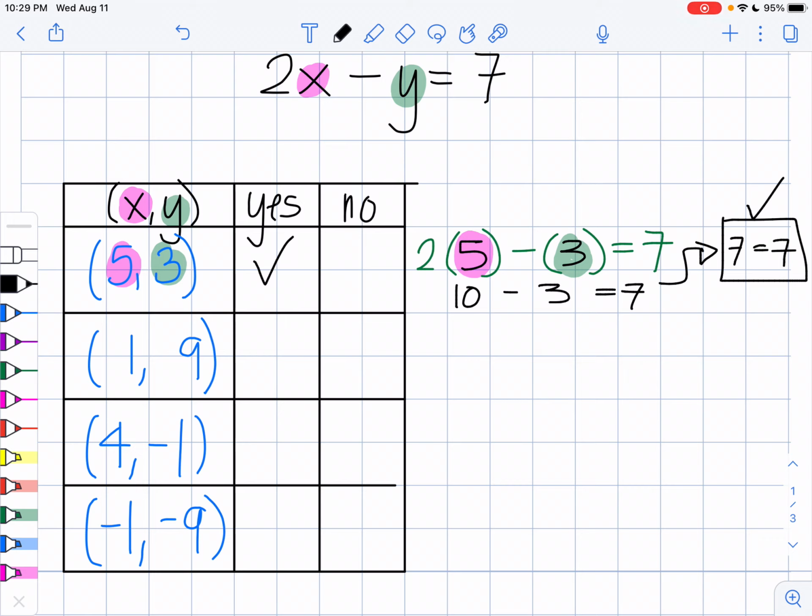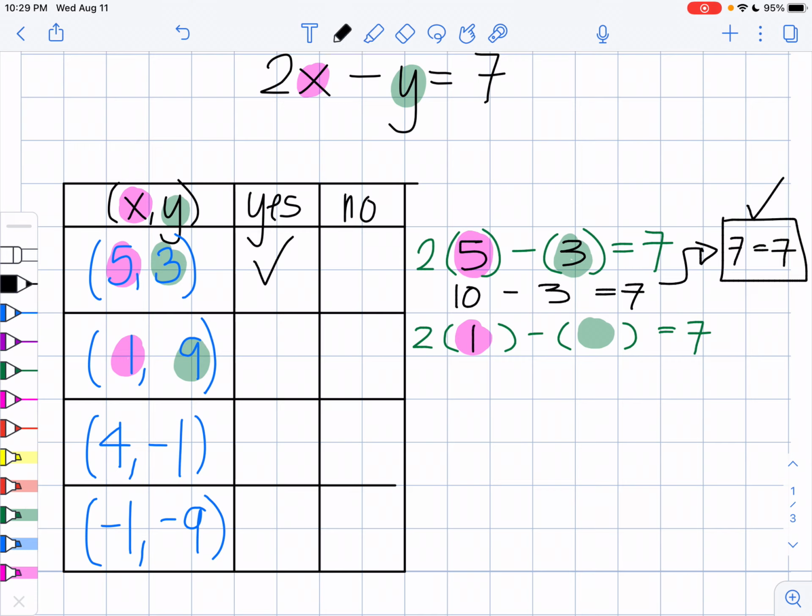Let's try the next one. We're going to set up my skeleton here. So I have 2 times blank minus blank equals 7. In my blanks, here remember is my x, here remember is my y. In this case, my x is 1 and my y is 9.